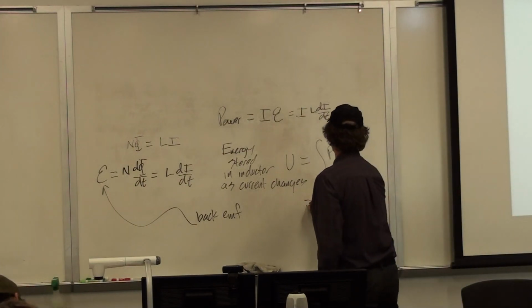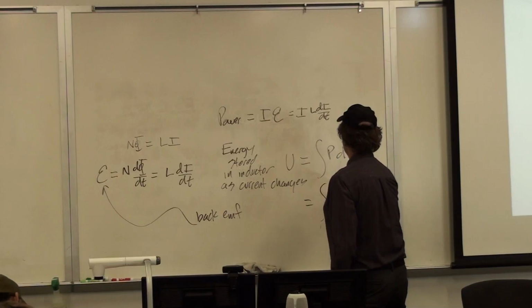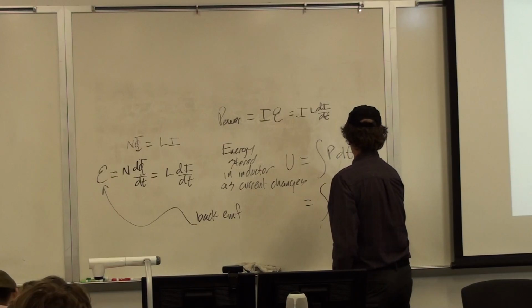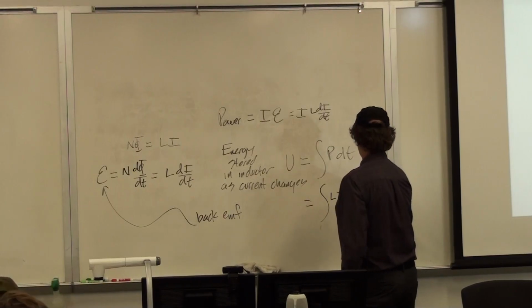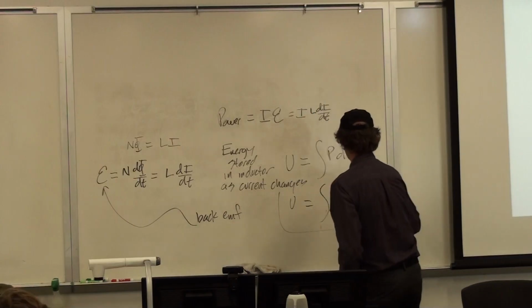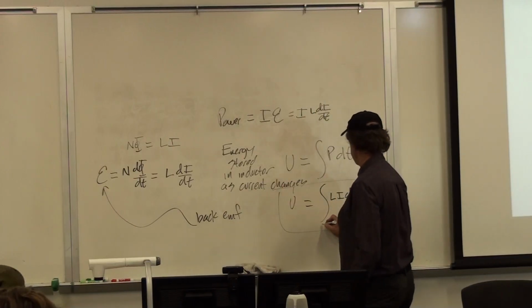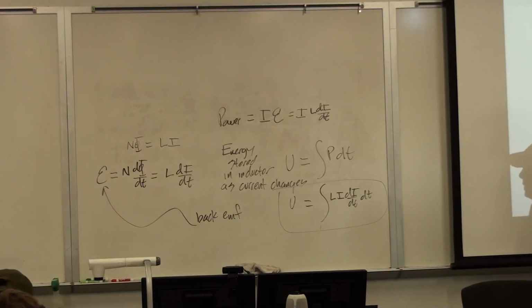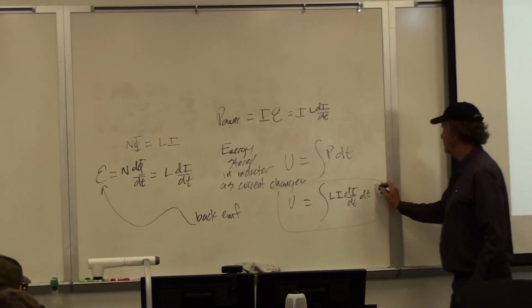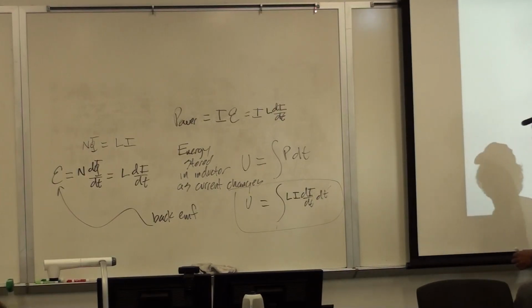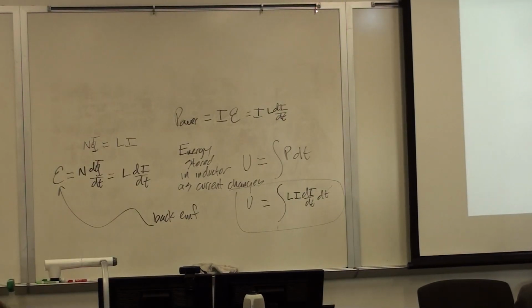And so the power then is going to be L I di dt times dt. So that's going to be our stored energy in the inductor as we integrate. And so we've changed our integration variable then from time to current, because we can cancel out the dt's. So that just gives us Li di.